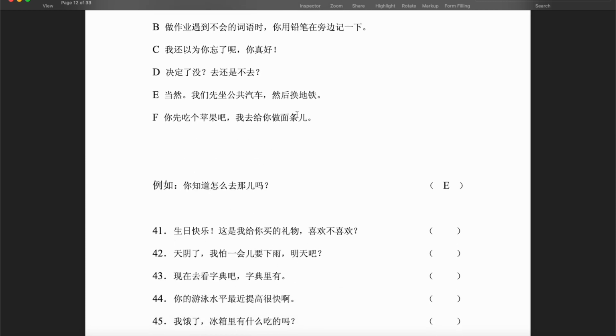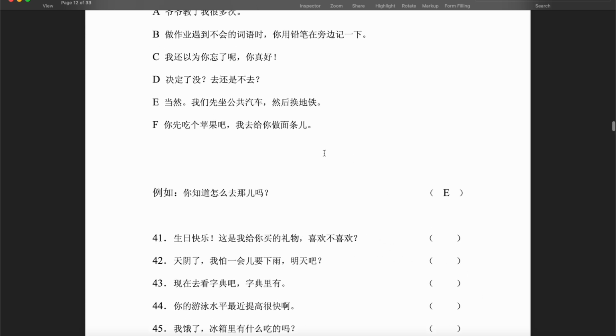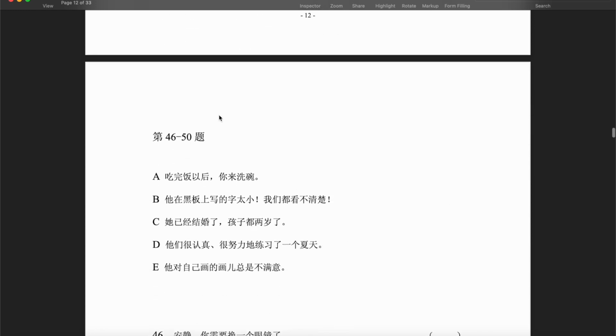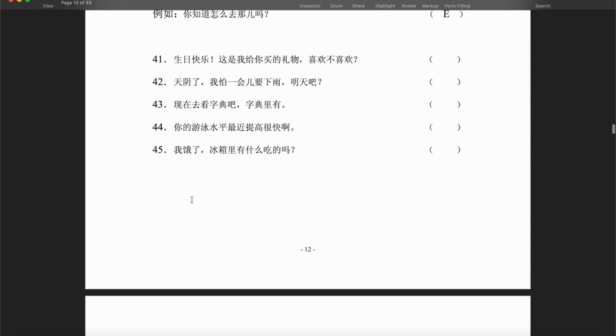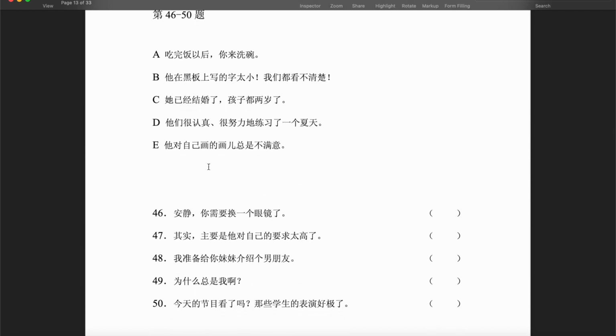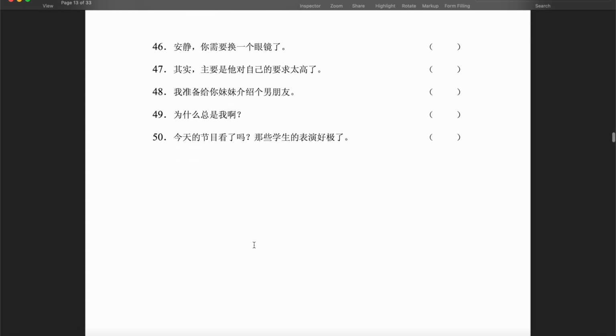There are similarities between the sentences which you can link, and you write whichever alphabet letter matches. Okay, so that is the first part of reading. This is a continuation, so in total we have 10 questions like this. Two sets of sentences and you have to read and match them.